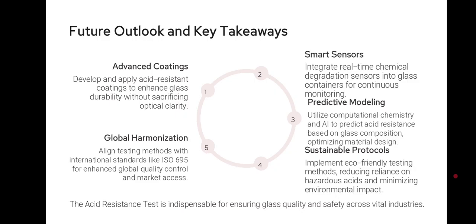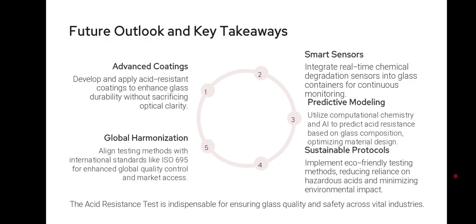Third, predictive modeling: using AI simulation to design better glass recipes without physical testing. Sustainable protocols: reduce the use of harsh acids in testing and minimize the environmental impact. Global harmonization: follow international standards like ISO 695 to unify the testing methods globally. All of these steps aim to create stronger, safer, greener glass products.